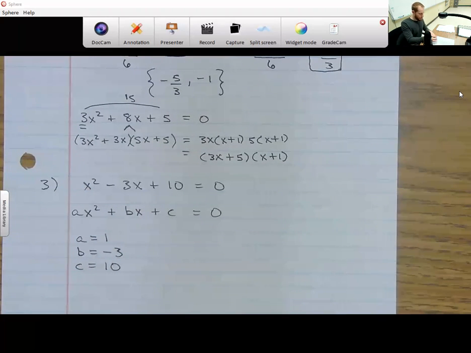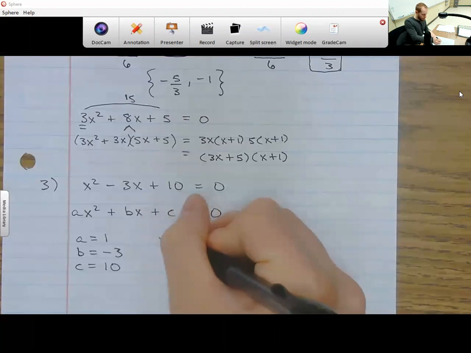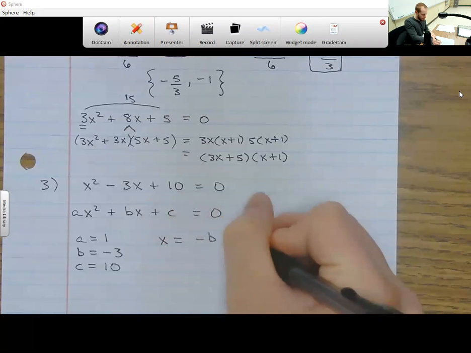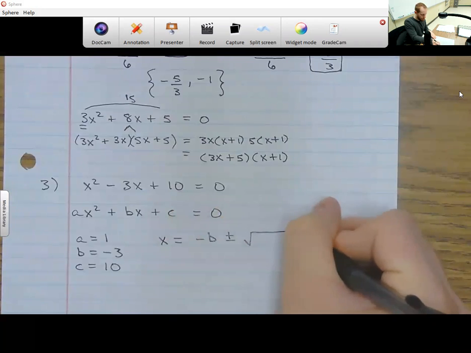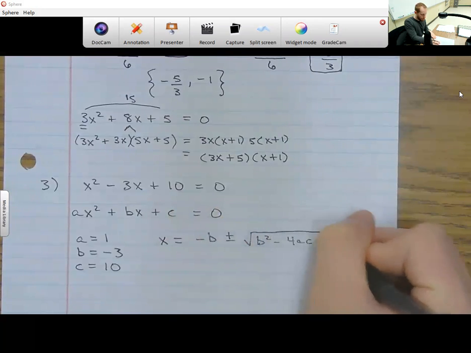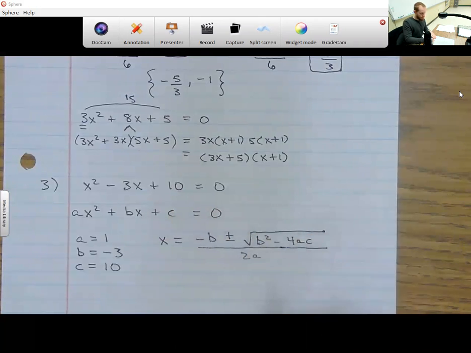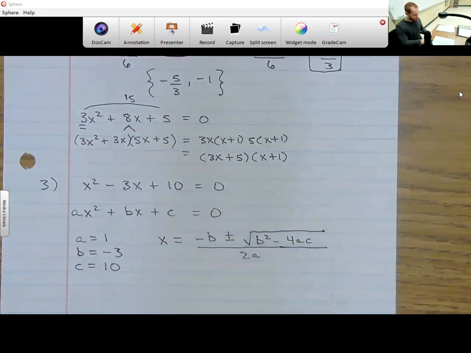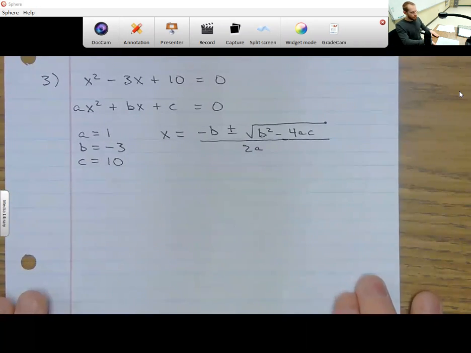Okay. So just to remind you, the quadratic formula is -b plus or minus the square root of b squared minus 4ac, where everything is divided by 2a. Okay. So we're just going to plug in A, B, and C where I see them in the formula.